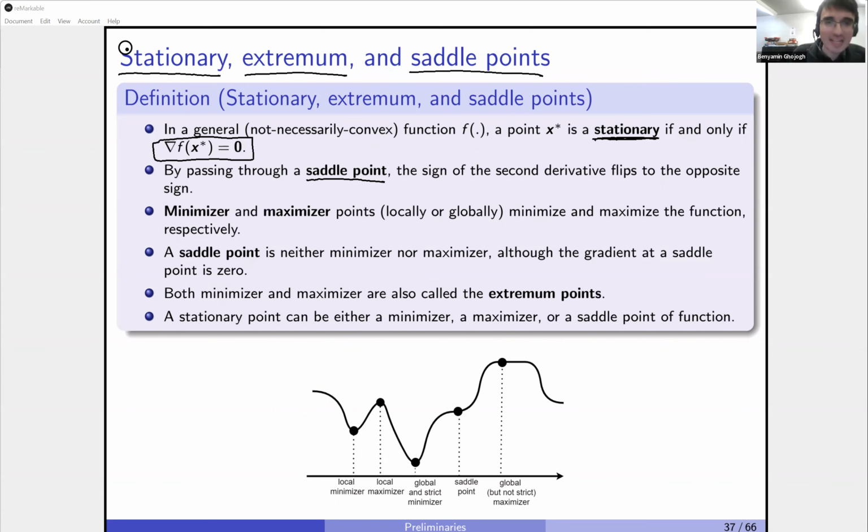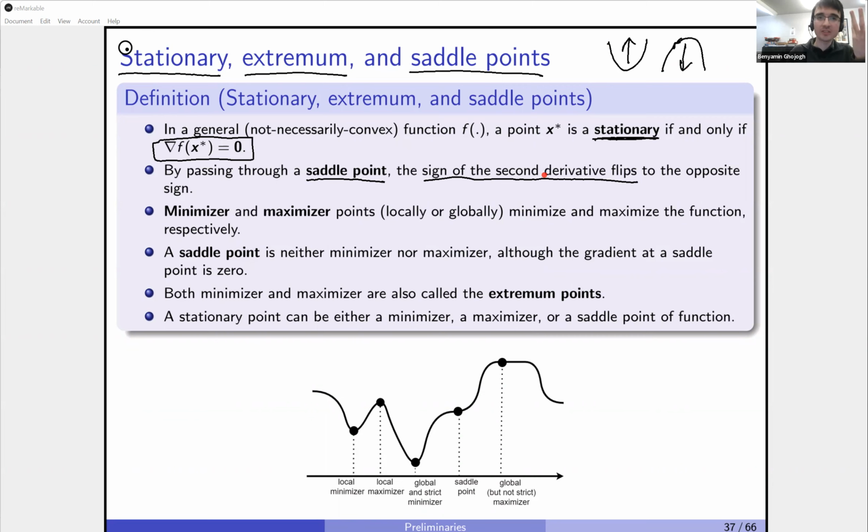And what is a saddle point? When we have a saddle point in a function, by passing through that saddle point, the sign of the second derivative flips. What is the sign of the second derivative? If the sign of the second derivative is positive, the function is facing up. If the sign of the second derivative is negative, the function is facing down.